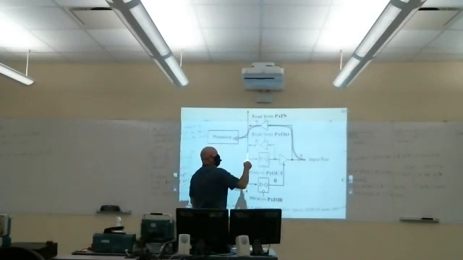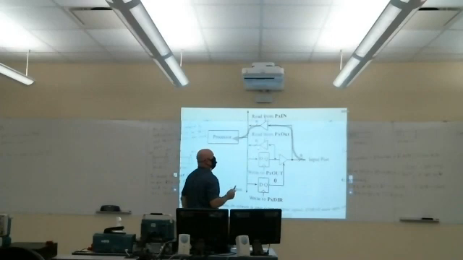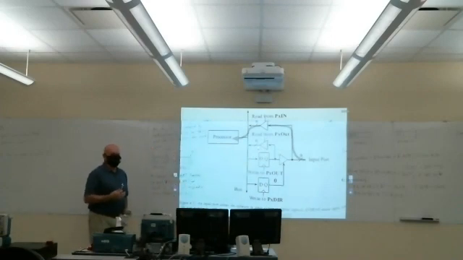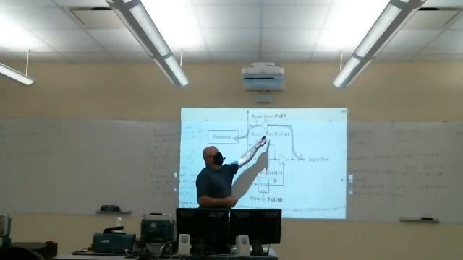We have to read from the corresponding input register. It was off my board. Read from the input register to actually read the switch value. So you have to configure it for input, read from the in register.